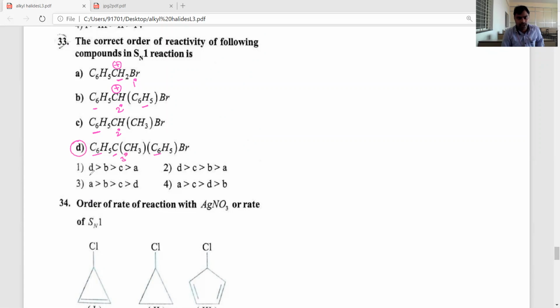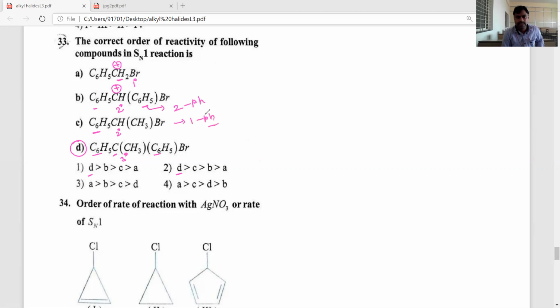See, if you observe the options, 1 and 2 comparison we need to check. Okay, D is correct. Among these, D is very high, already identified. Now A, B, C we have to check. A is primary, B is secondary, and C is also secondary, but here are two phenyl rings, here one phenyl ring, here one phenyl ring.